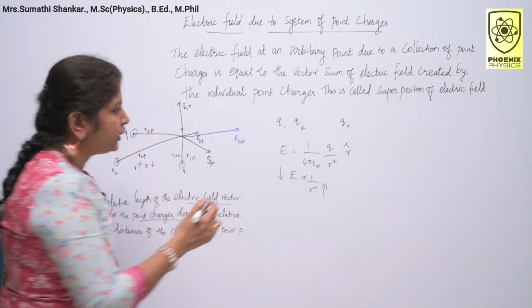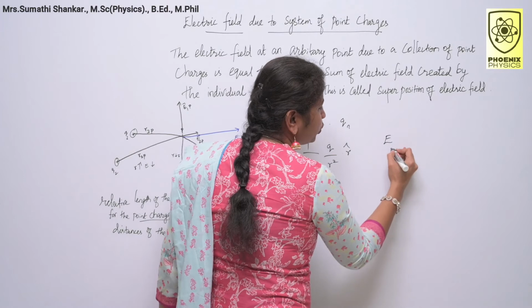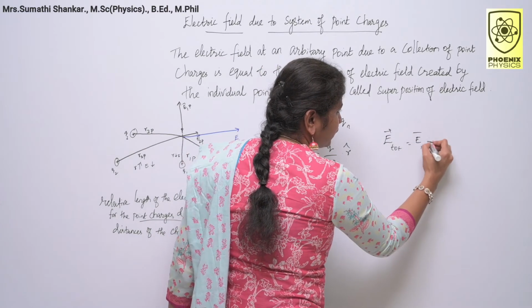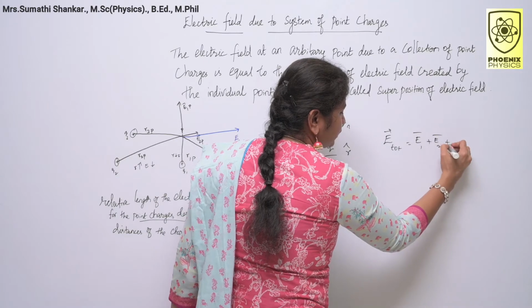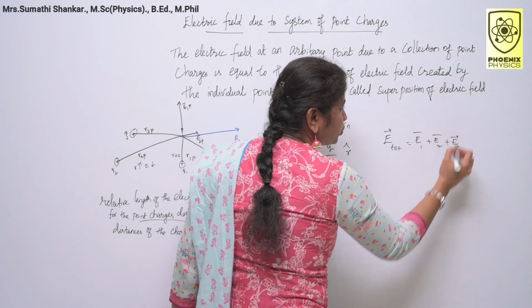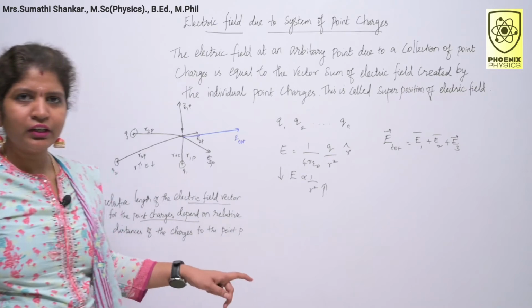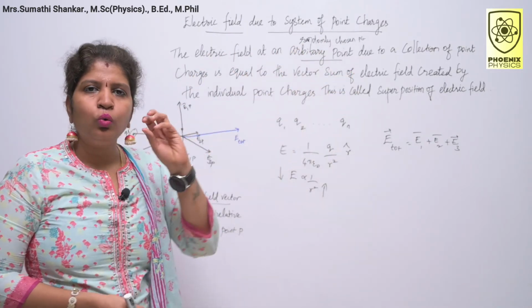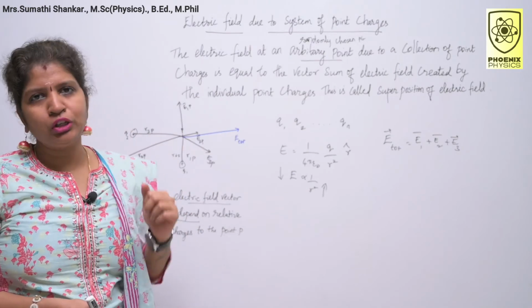How do you calculate E total? The total electric field is nothing but E1 plus E2 plus E3. Then how do you define superposition principle of electric field? The electric field at an arbitrary point. What is an arbitrary point? A randomly chosen point.